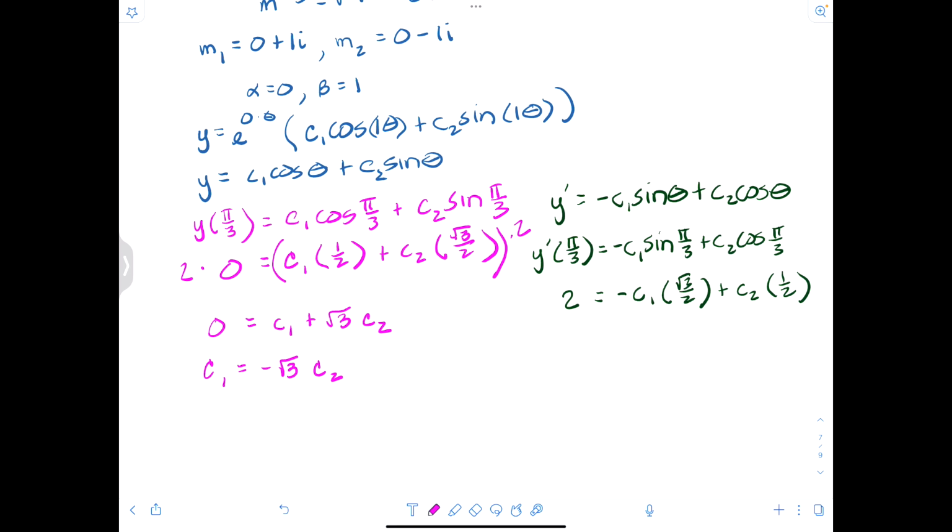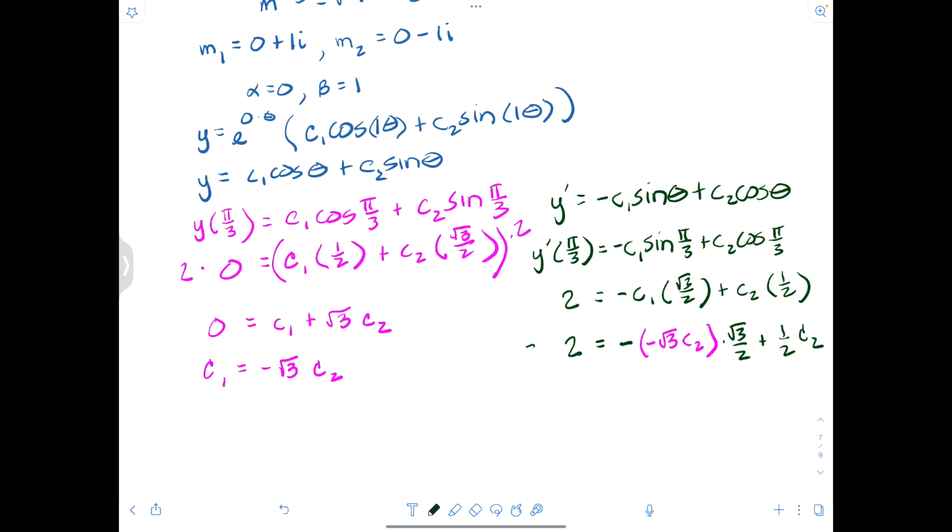Plugging that into the green equation over here, we would get 2 is equal to negative root 3 c2. I put that all in for c1, and then there's still a root 3 over 2 hanging out, right? And then plus 1/2 c2.